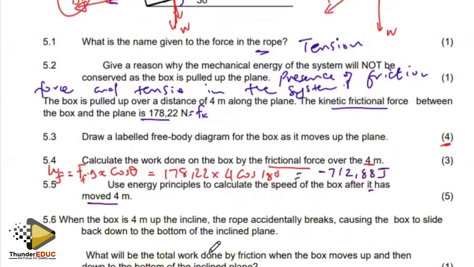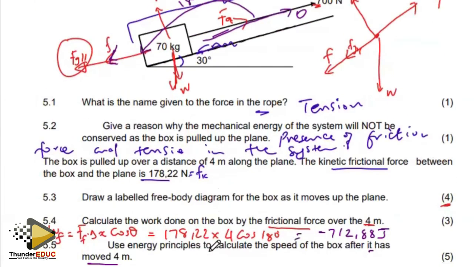Okay, let's just explain this nicely. One thing we know about energy principles: remember, we said we have WNC is equal to the change in EK plus the change in EP.